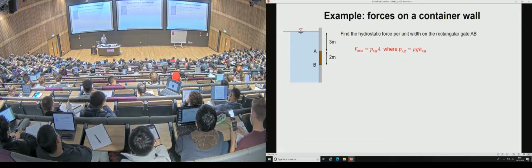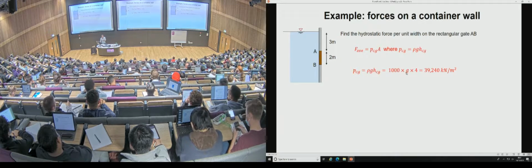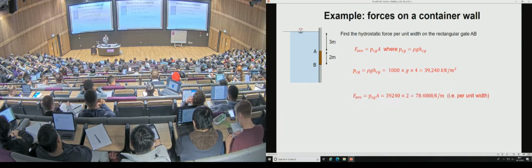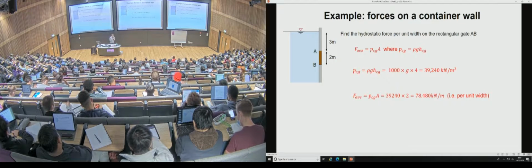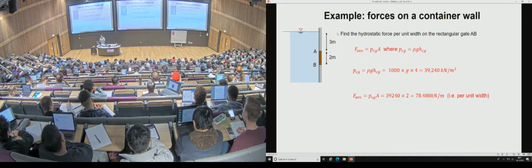So to calculate the pressure at that point, we substitute 4 into our specific weight, which is 1,000, the density of water, times gravity. This gives us the pressure acting at this point. Then to calculate the force, it's that pressure times the area, 2.